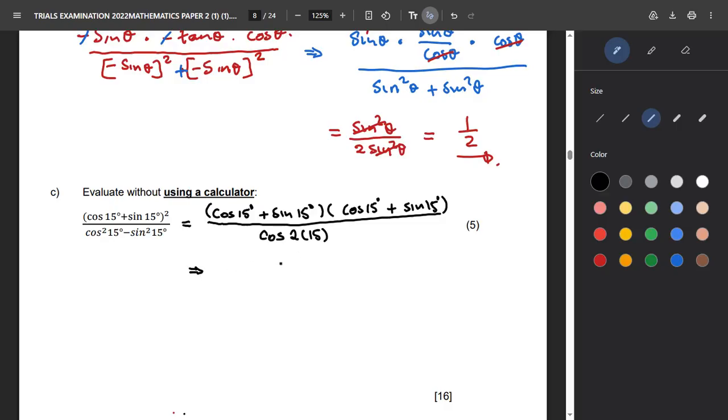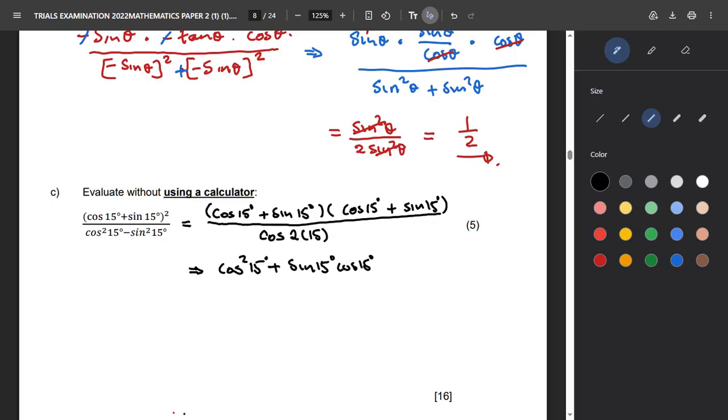And then on top, this leaves us with multiplying out of the brackets cos 15 times cos 15. That's cos squared 15. Then I'm going to say cos 15 times sine 15. That's sine 15 degrees the cos 15 degrees.